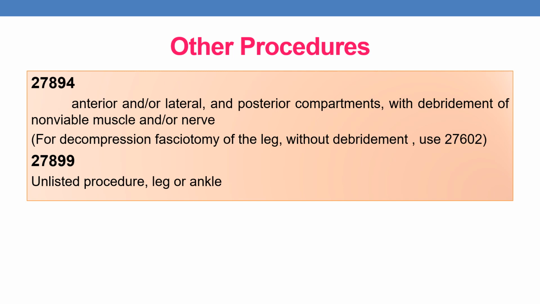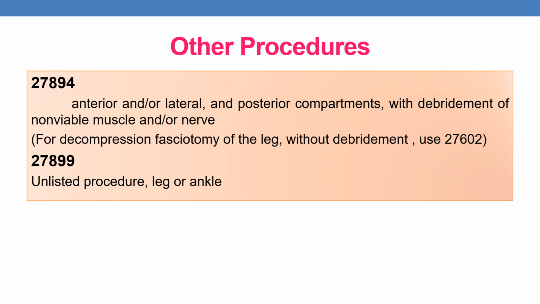It deals with decompression fasciotomy leg, anterior and or lateral and posterior compartments with the debridement of non-viable muscle and or nerve. And for decompression fasciotomy of leg without debridement, you need to use 27602.